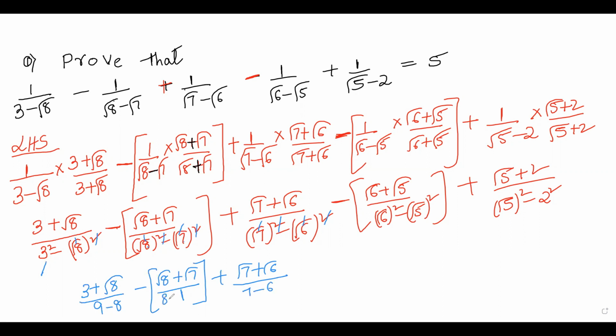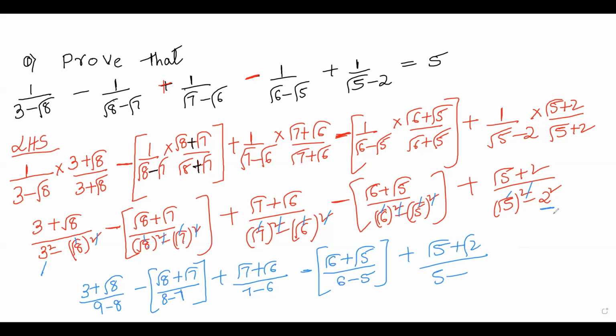Here you will get 8 minus 7. The minus, put bracket, root 6 plus root 5, square and root will get cancelled. 6 minus 5. Root 5 plus root 2, square root will get cancelled. 5 minus 2 square is 4.